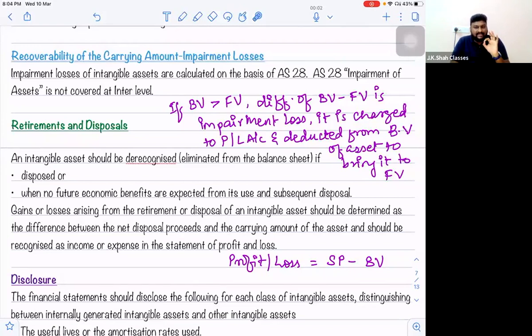When the intangible asset has no future economic benefit, it means the intangible asset doesn't have the capacity to earn anything for you in the future. The best example was last year: from 31st March 2020, BS4 technology engines are not allowed anymore in the country. So if any company has a patent for developing a BS4 engine, that patent as on 31st March 2020 would have been completely eliminated from the balance sheet, because the company knows it has no future economic benefit.